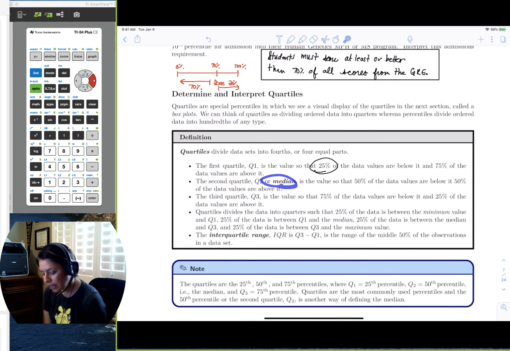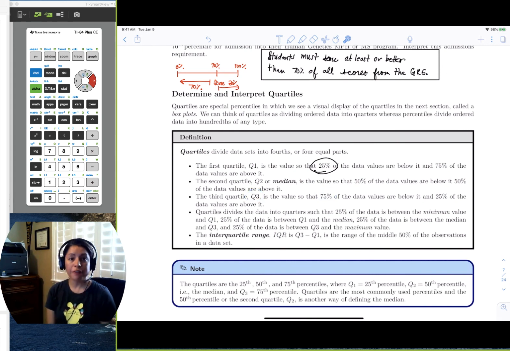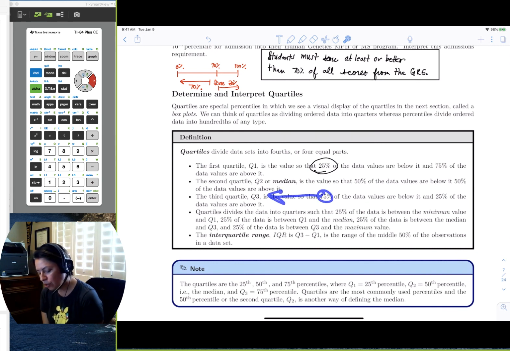The median, which we call Q2, is 50-50. It's the halfway point. And Q3, which is what you would assume, 75%. That's the opposite of Q1, where we would have 75% below it and 25% above it.